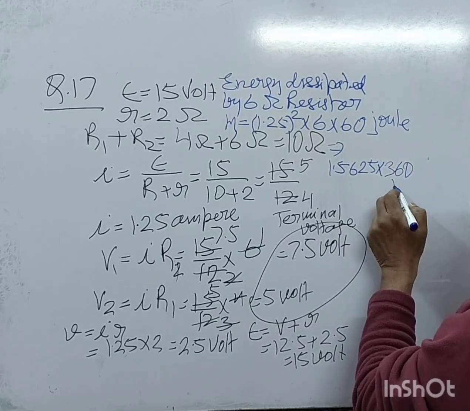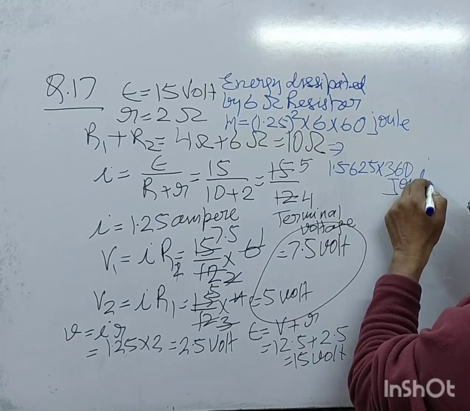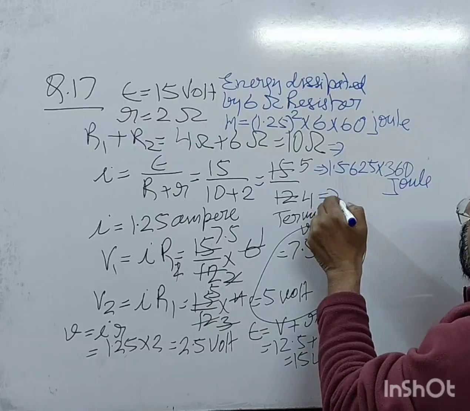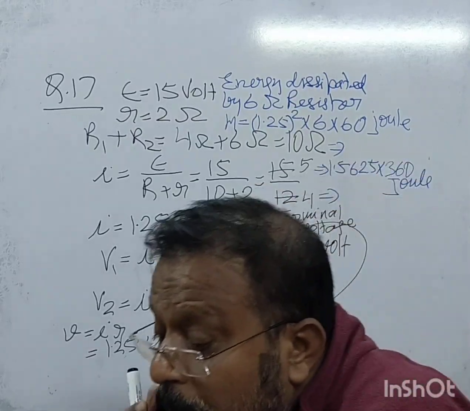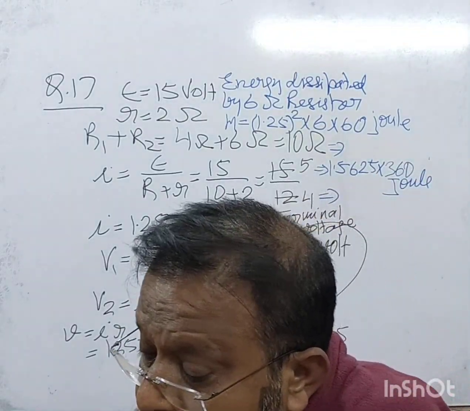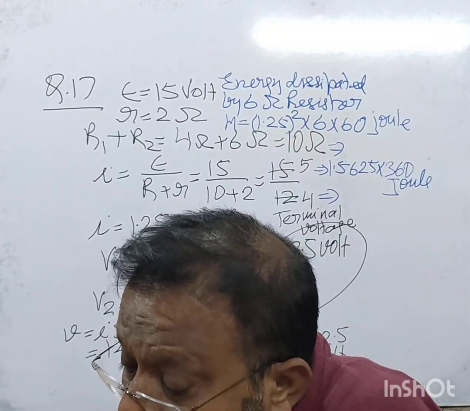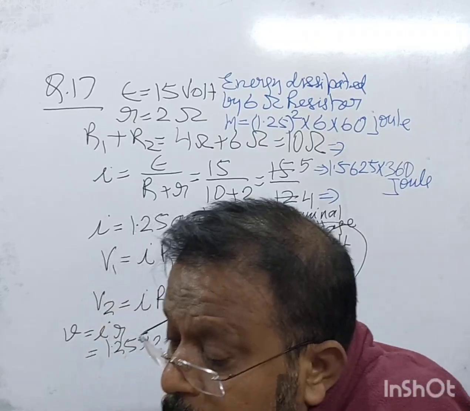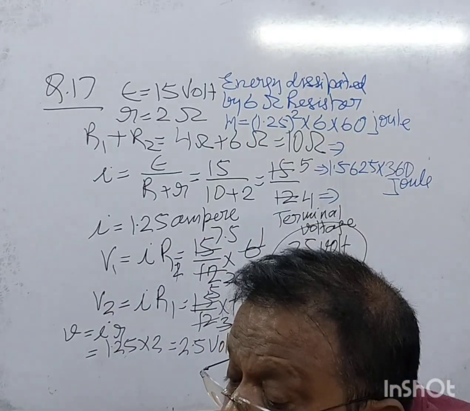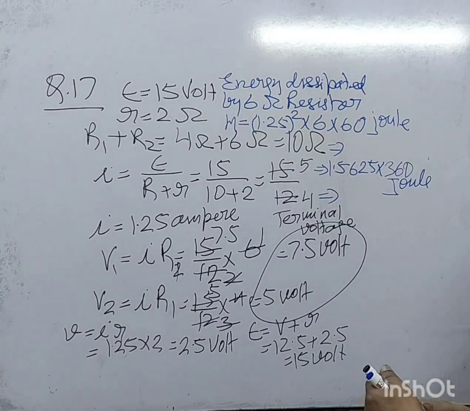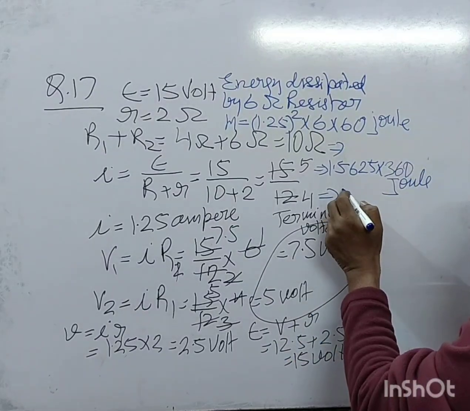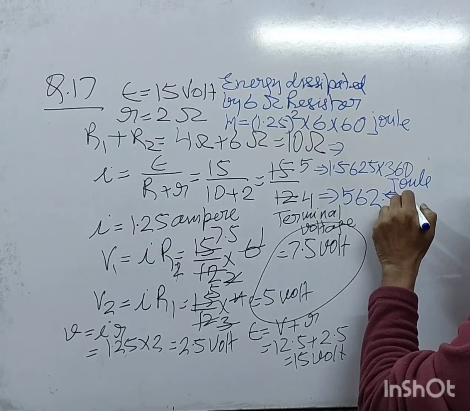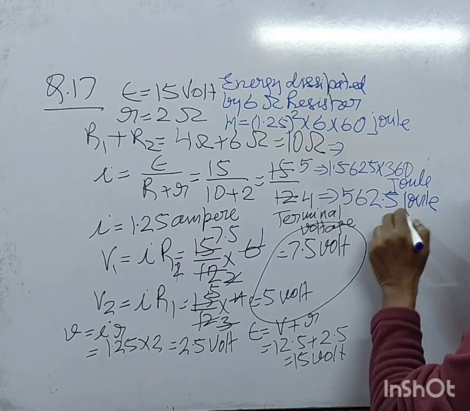So energy is coming how much? ये हो जाएगा 562.5 joule energy.